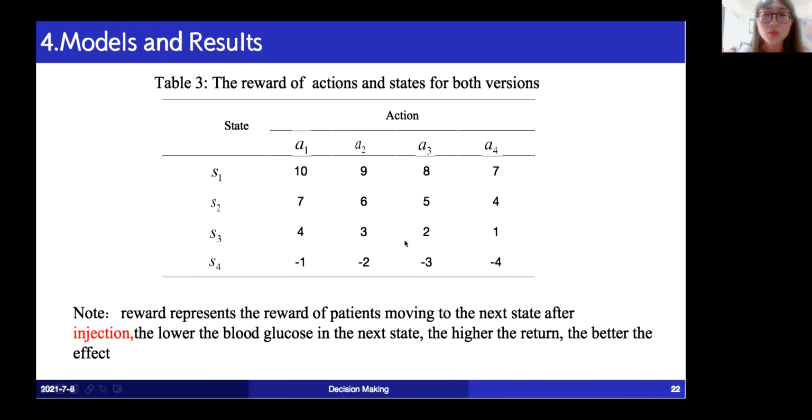Table 3 is the reward of functions and states for both versions, and the values represent the reward of patients moving to the next state after injection. The lower the blood glucose in the next state, the higher the return, the better the effect.